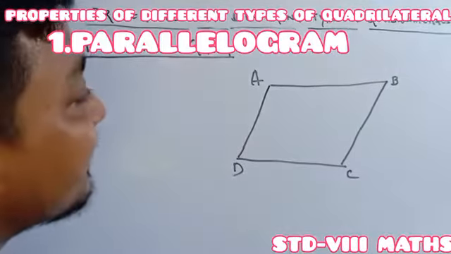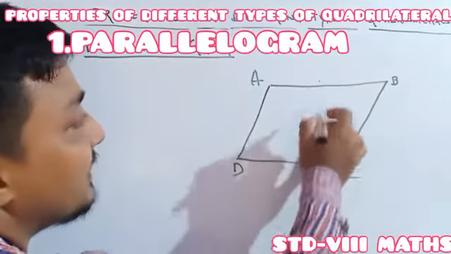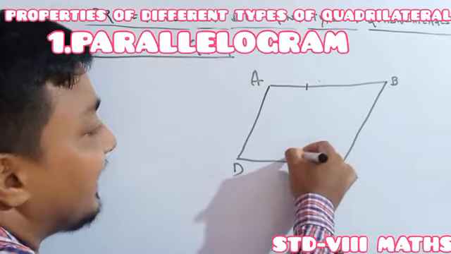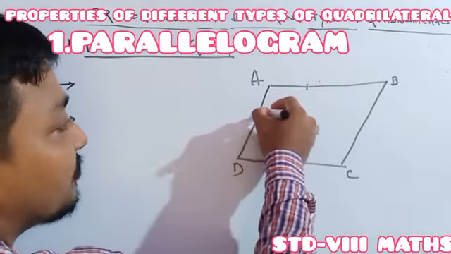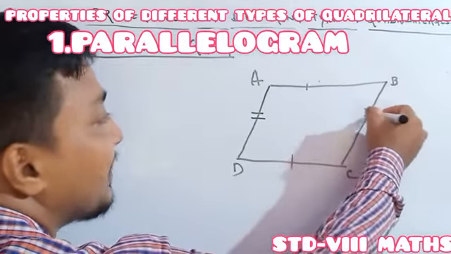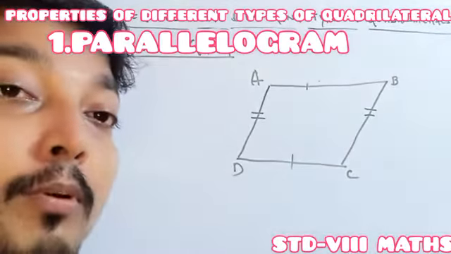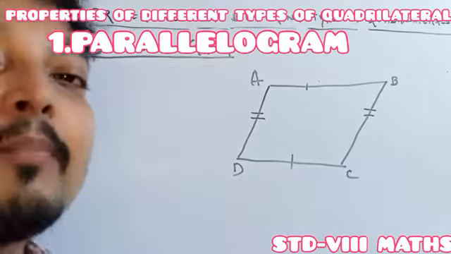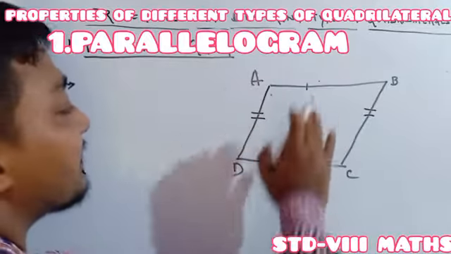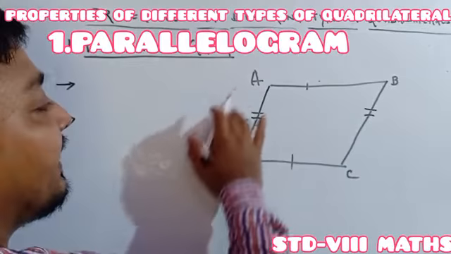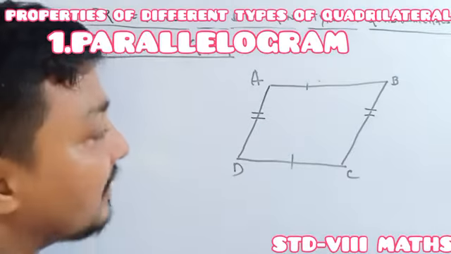Then you have to say, see, the opposite sides are equal. This one is the same as this one, and this one is the same as this one. So the next point should be: pair of opposite sides are equal. It means AB is the same as CD, and AD is the same as BC. Pair of opposite sides are equal.